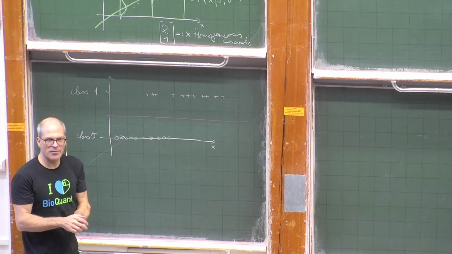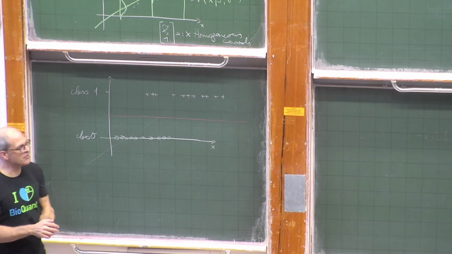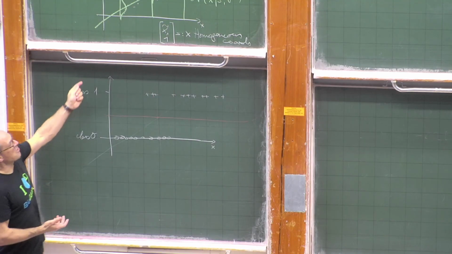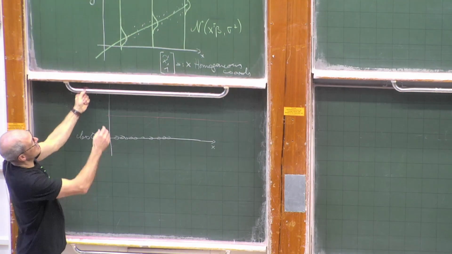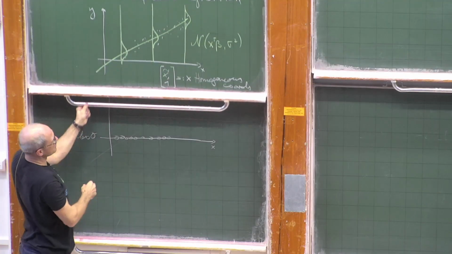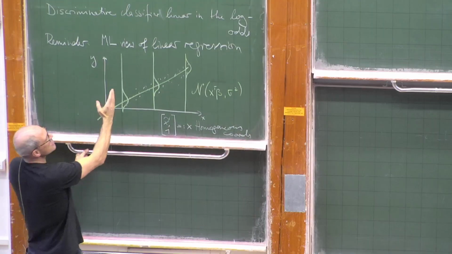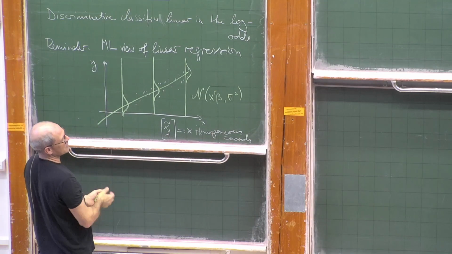This is because we are fundamentally using the wrong statistical model. We are using the normal distribution. And indeed, when I condition on the straight line, I get a nice normal distribution.